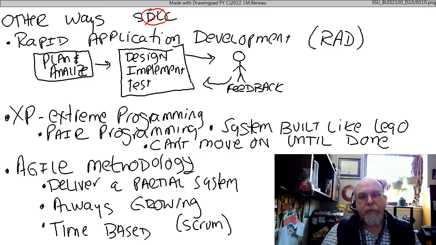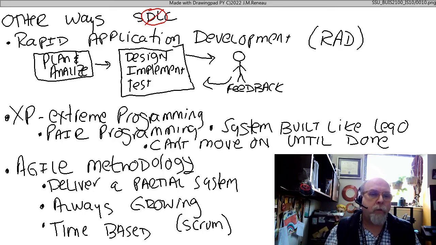Now, the systems development life cycle that we've talked about in all of these slides so far is what's called the classical model of creating a system. There are other ways. There are, quote, modern, non-classical ways.